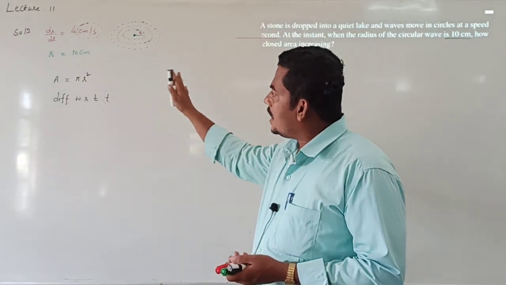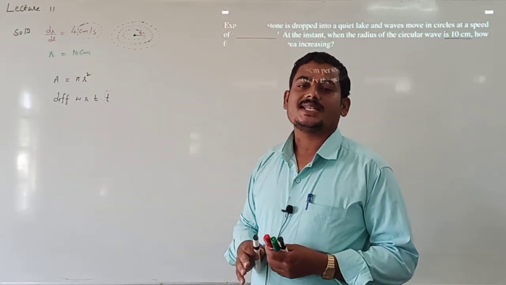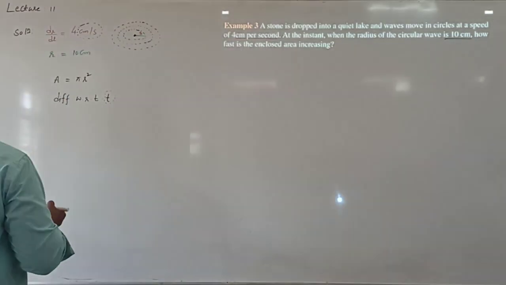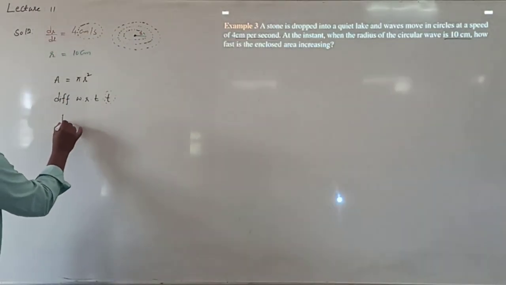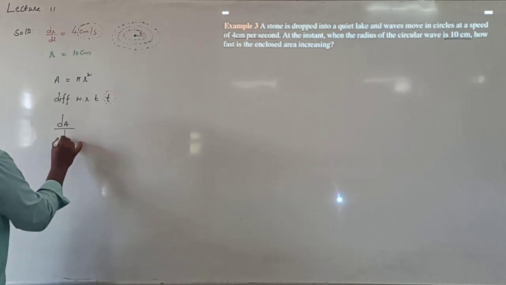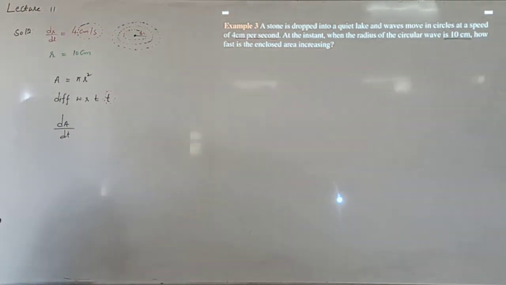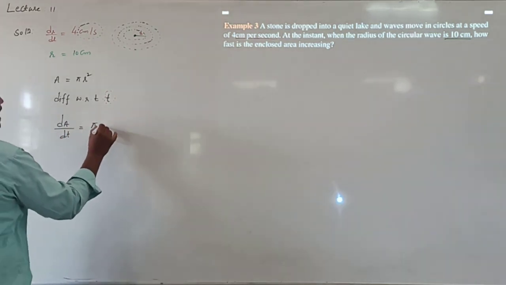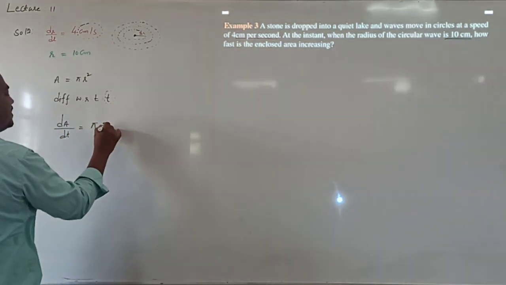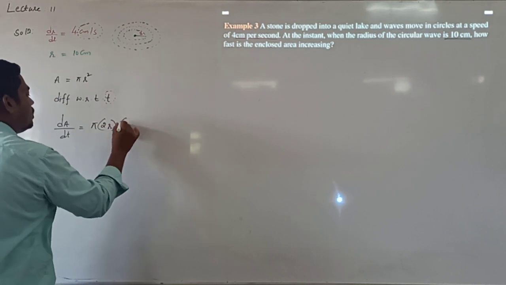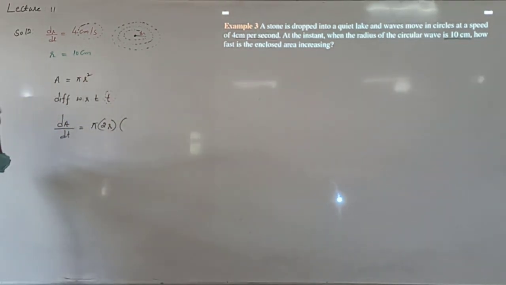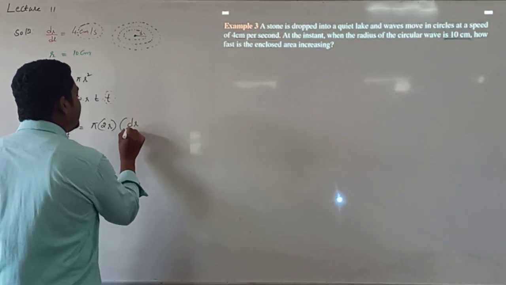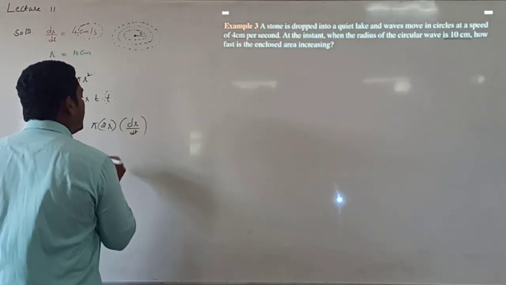Here the radius of the circular wave is changing with time, then its area is also changing with time. dA divided by dt: differentiate A with respect to t. Pi constant as it is, r square differentiation gives 2r into dr by dt.